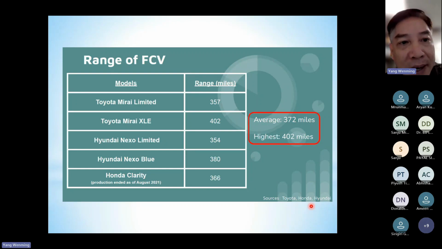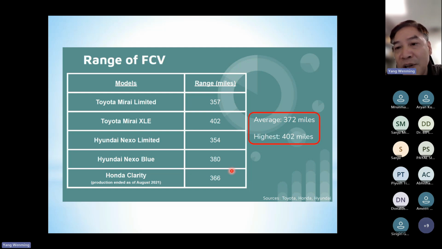Now I'm going to show you the range of fuel cell vehicles. We have five types of fuel cell vehicles. The first one is the Toyota Mirai Limited, with a range of about 357 miles, and the Mirai XLE is 402 miles, the Hyundai Nexo Limited 354, the Nexo Blue 318, and the Honda Clarity 366.